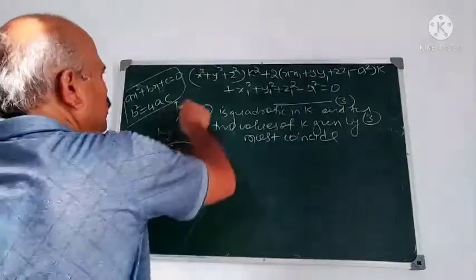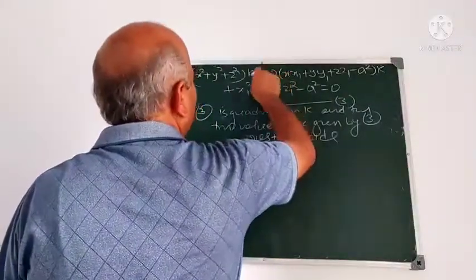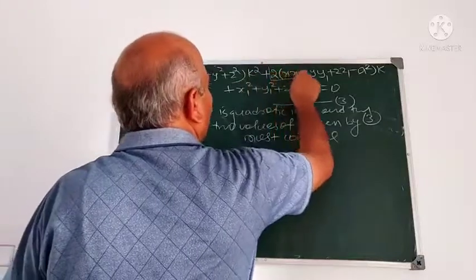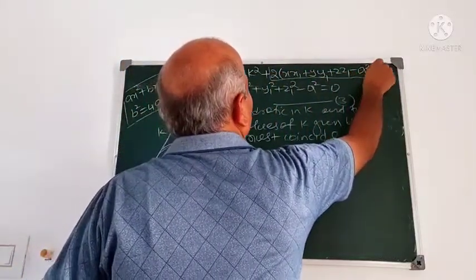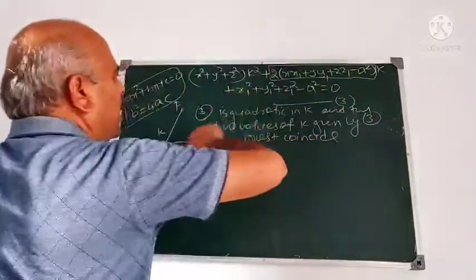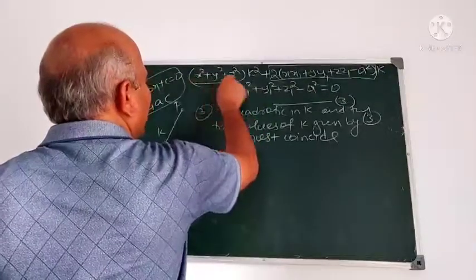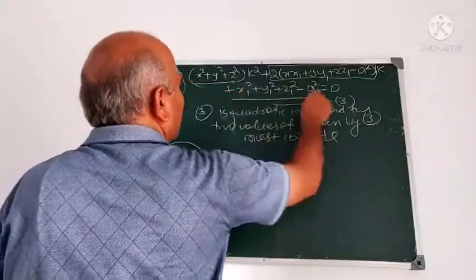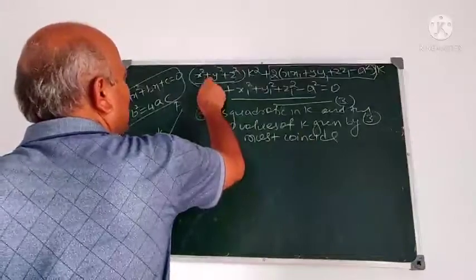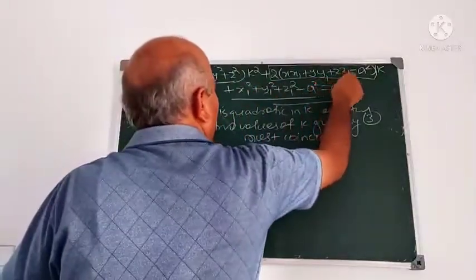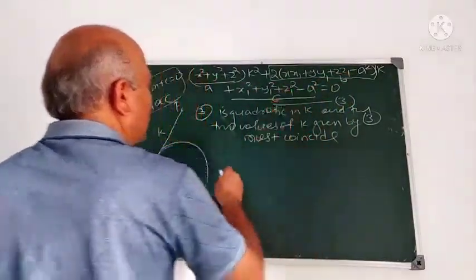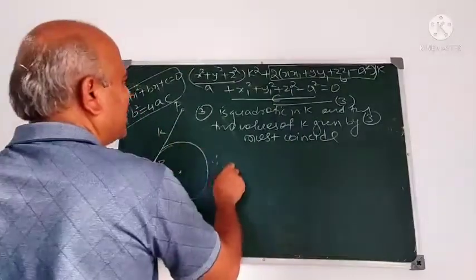Now, what is b here? b means the coefficient of k. This is a, this is b, and this is c, because it is a quadratic equation in k. Therefore, b square is equal to 4ac.